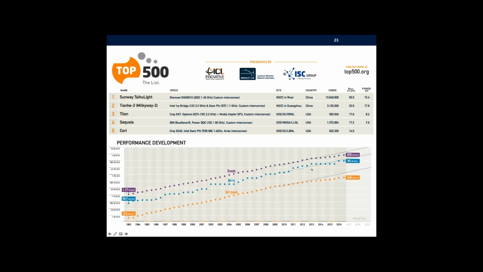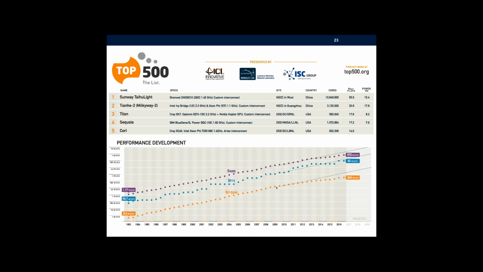What I want you to look at, take for example one of the horizontal lines here. Let's say 10 teraflops. The number one machine was at 10 teraflops in about 2001, 2002, and in 2008 the bottom of the list, just 6 years after, had that power.